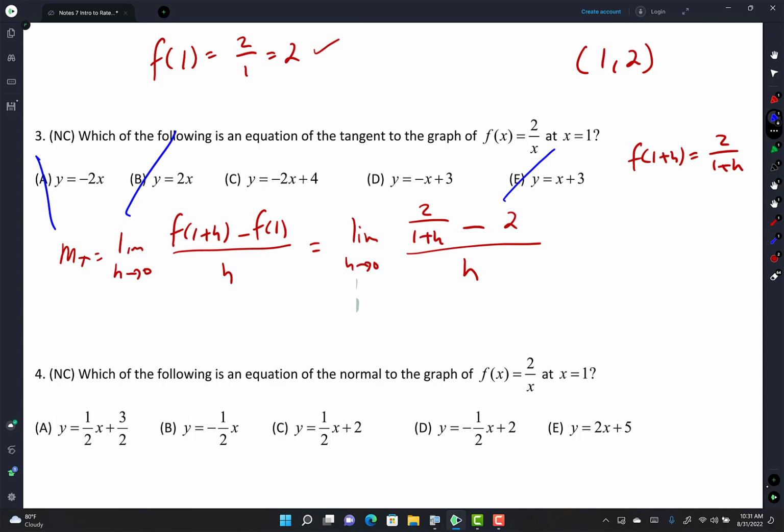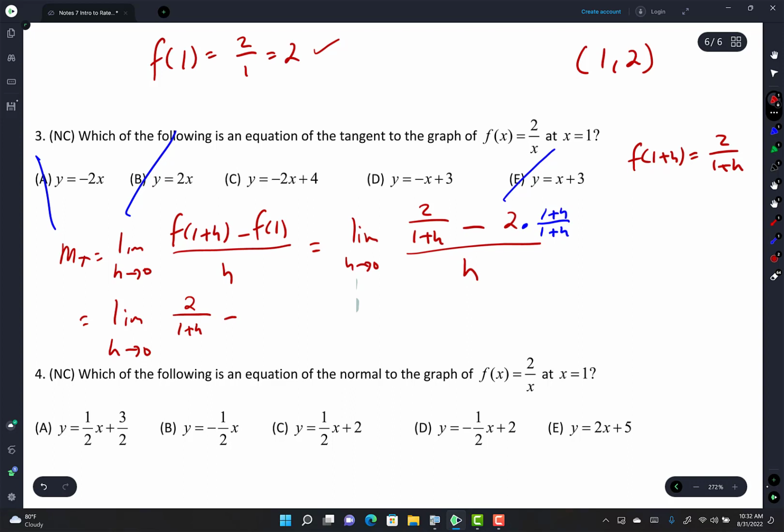I need a common denominator. I'm going to multiply this 2 over here on the right by 1 plus h over 1 plus h. So here's what you're going to have now. Limit as h approaches 0 of 2 over 1 plus h minus 2 plus 2h over 1 plus h, all over h.